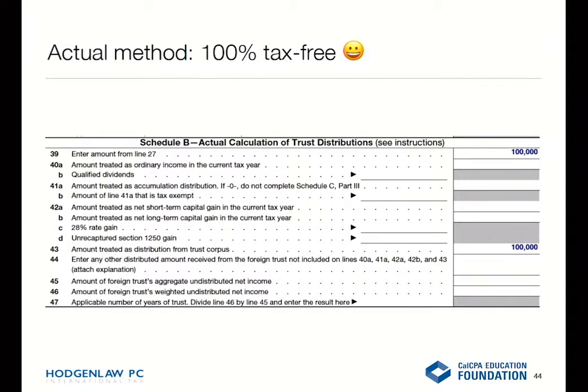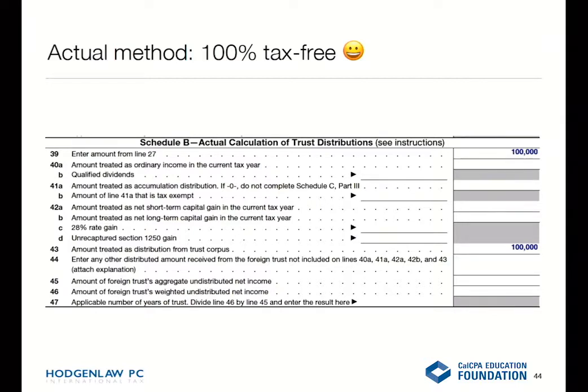We know because they got the beneficiary statement that none of that goes on any of these other lines. We go directly to line 43. The entire amount is trust corpus, and that makes sense because the trust was funded and then all the money was distributed one day later, so there was no time for any income to accumulate inside the trust.